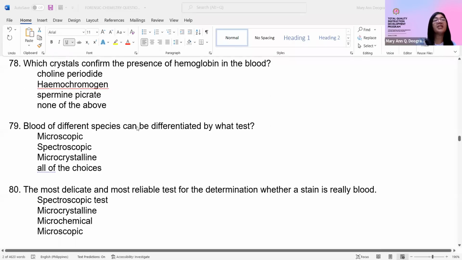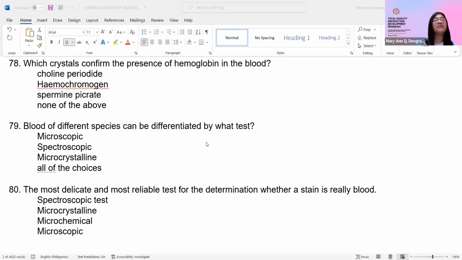How about 79? Blood of different species can be differentiated by what test? Microscopic, spectroscopic, microcrystalline, or all of the choices? The best answer is what? Okay, tingnan natin yung sagot ng classmate nyo.